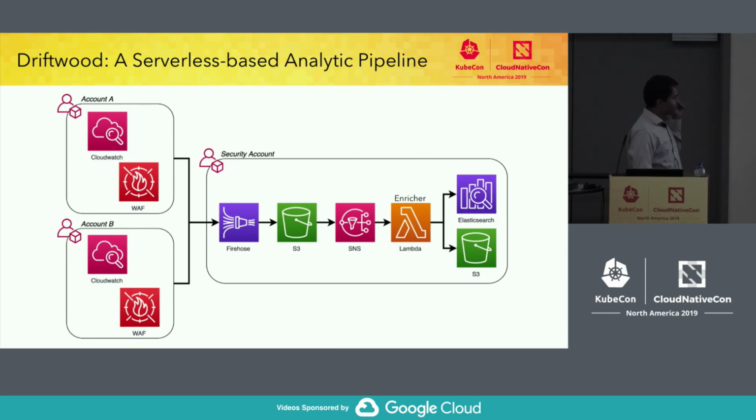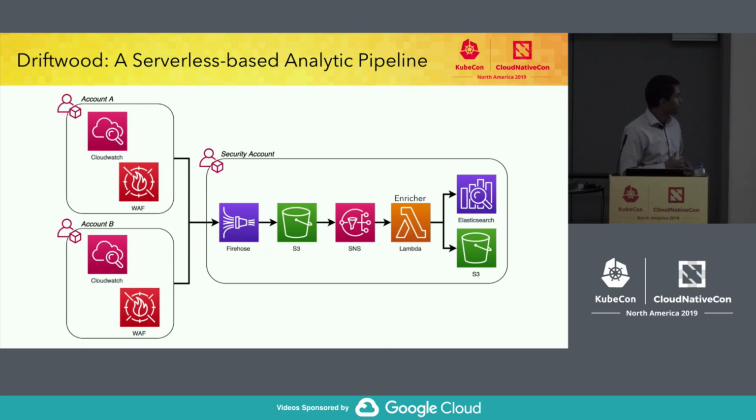All these accounts send data to Firehose, which is an AWS message bus. Firehose stores the data in an S3 bucket, and this S3 bucket has an event-driven Lambda associated with it. As you can see, S3 generates SNS events, and this event-driven Lambda, which we call the enricher Lambda, gets invoked every time a log is written.